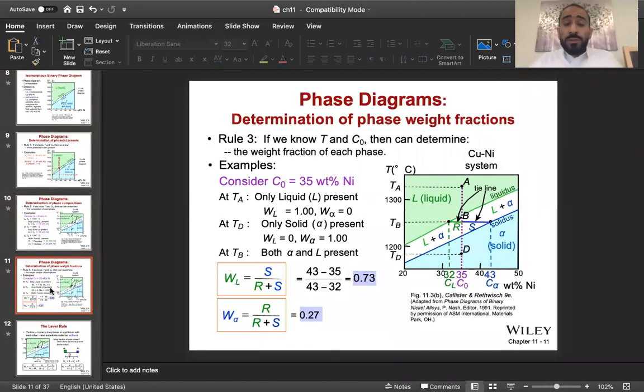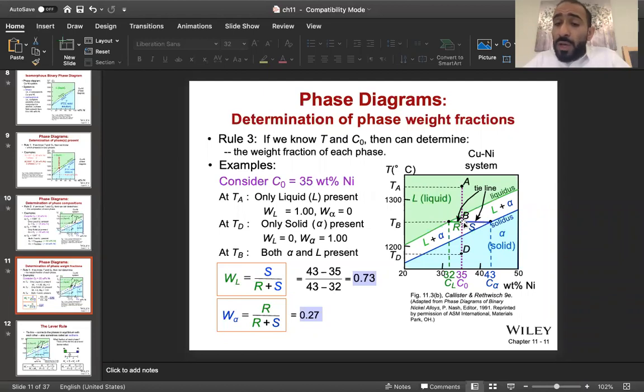The other important information that we can extract from this phase diagram is, okay, if at this point I have two phases, how much liquid do I have, how much solid alpha, right? In order to determine that, we're going to use what's called the lever rule. So you use the tie line that you draw, and you say this is your point.